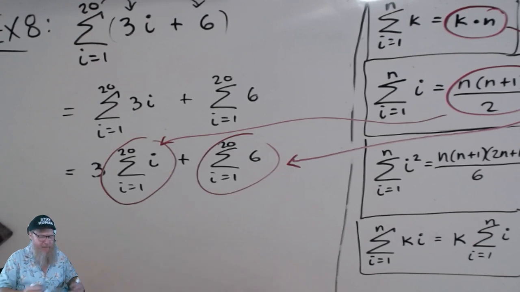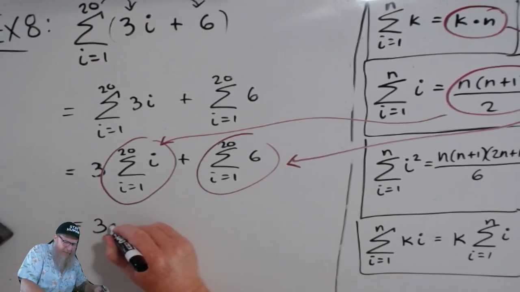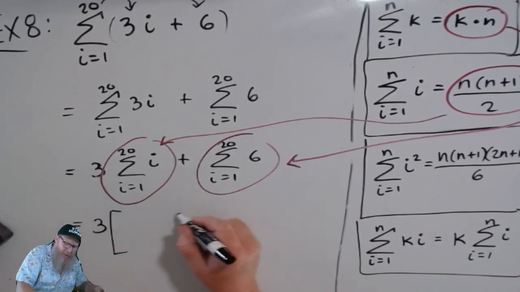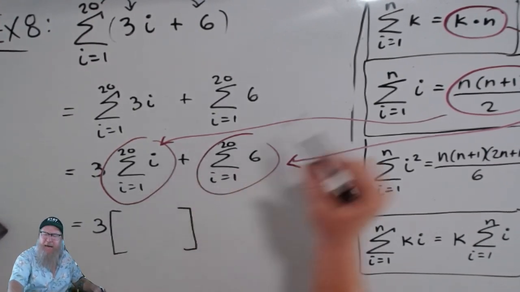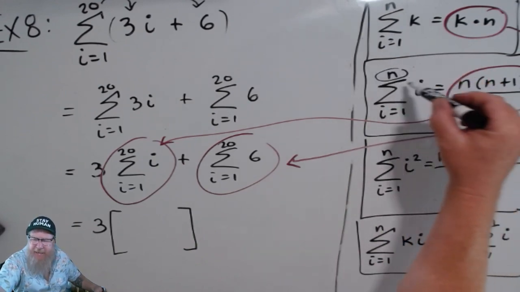Okay, all right, let's do it. So we got 3 times, or you could use a bracket. I like to use a bracket. That means the same thing as times. And then now the formula for i. So our n, oh, this one right here. The formula for i, the n is 20.